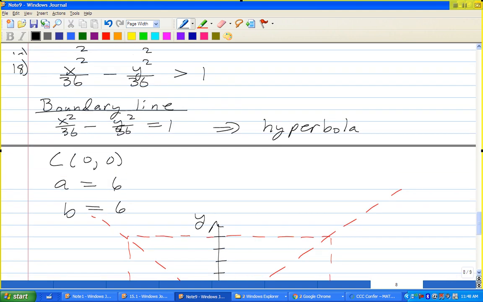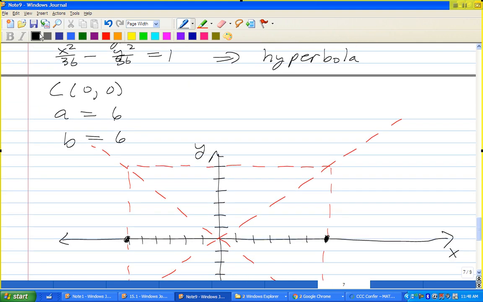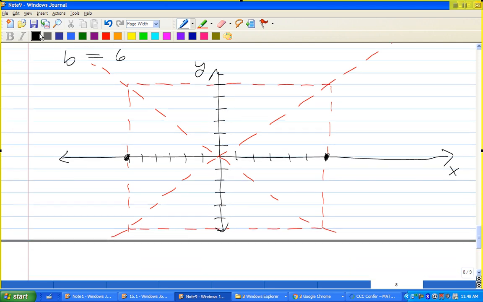And this is a greater than. It has no equal sign. So I know that my boundary line will be dashed. So let me draw a dashed line for the, let's see how I can draw this as best I can. Okay, so it's going to approach here.